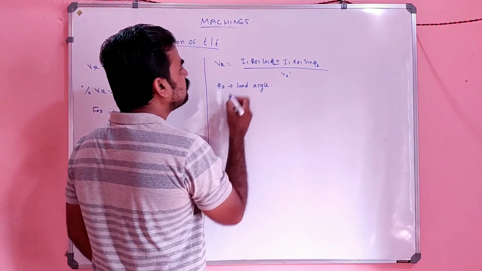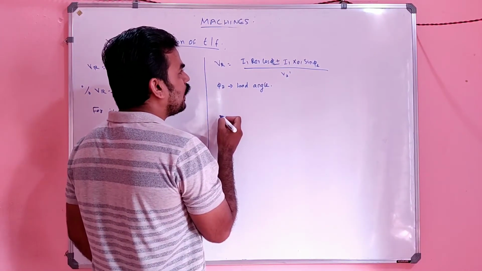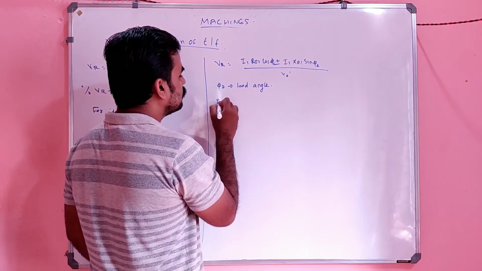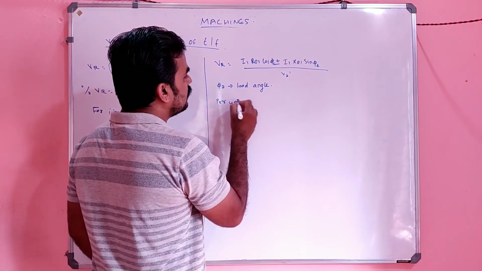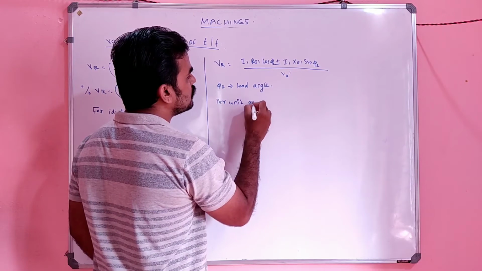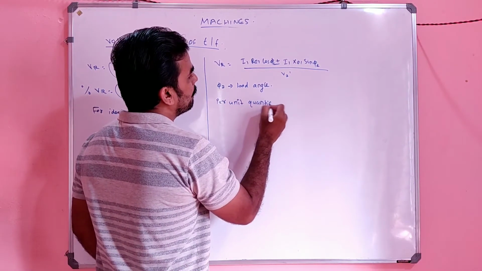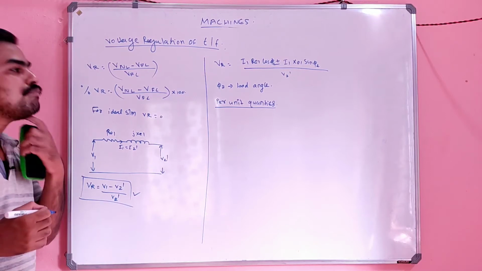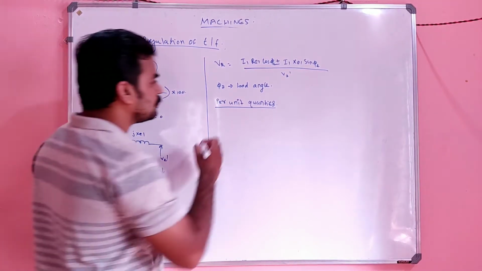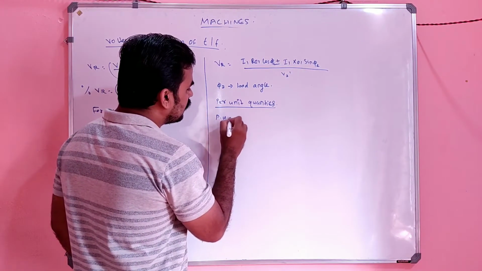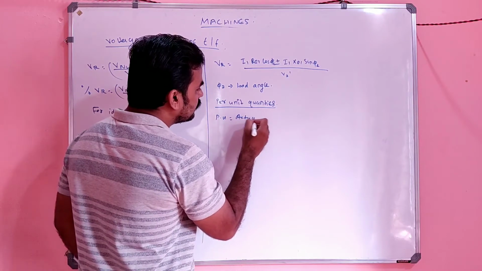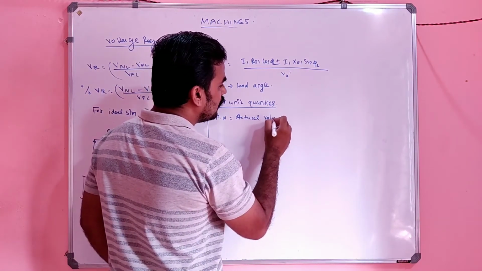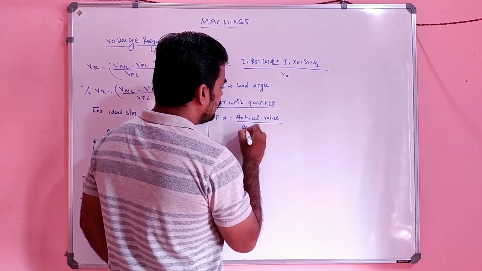Now I am going to represent these in per unit quantities. I will give you a very brief idea of the per unit system. Per unit is nothing but the actual value divided by the base value.